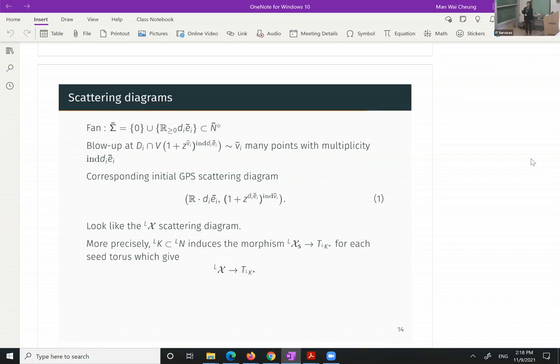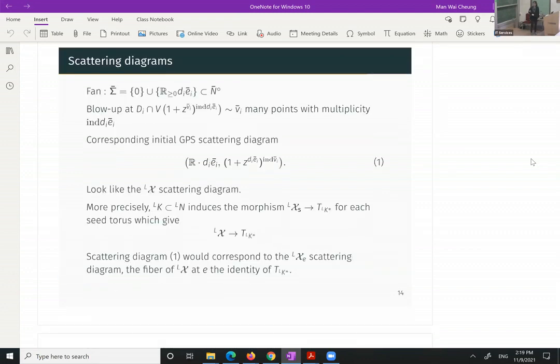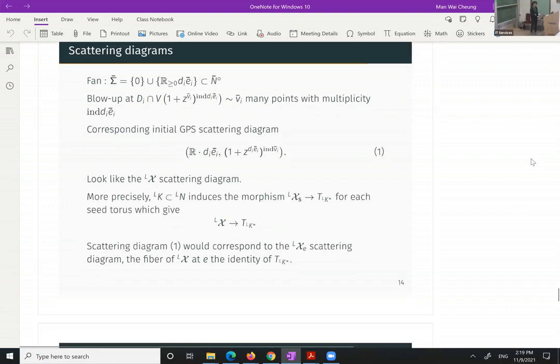So actually what this scattering diagram is describing is the Lenhart-Stelle X family, where we are looking at the identity of this family. So this scattering diagram will correspond to the Lenhart-Stelle X_E scattering diagram, which is the fiber of the family over the identity in the torus.